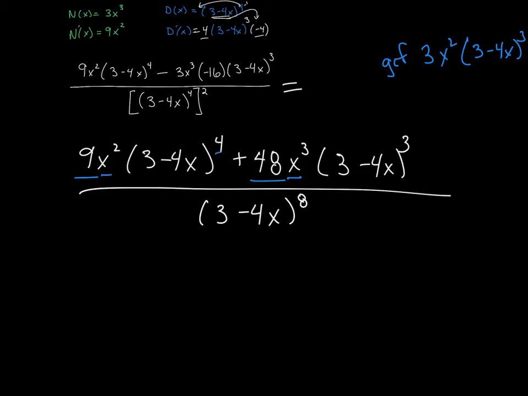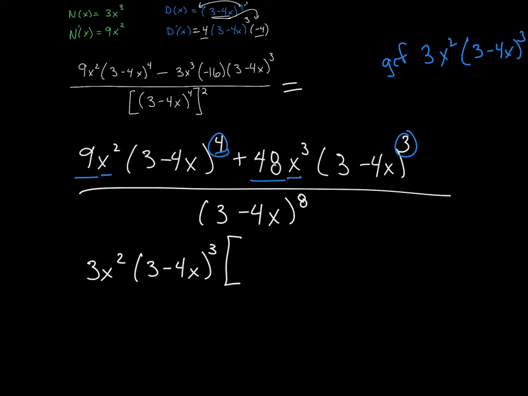And that's because I'm looking at this exponent and this exponent, and I take the smaller of the two. All right, so now what's next is I pull that out, and I have my GCF, which is 3x squared times 3 minus 4x to the 3rd power.